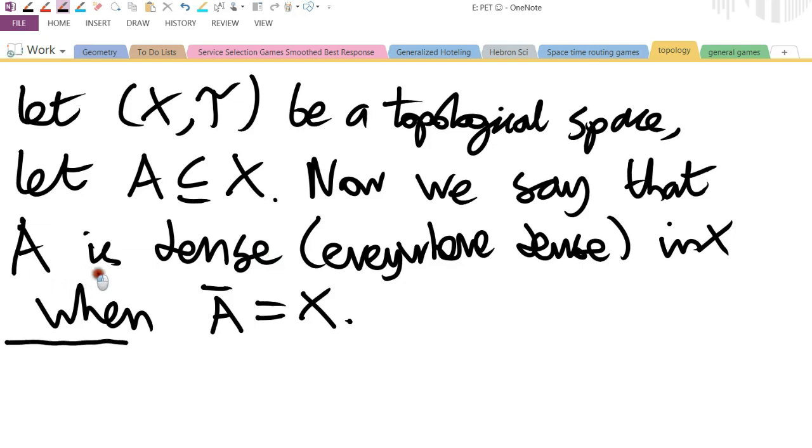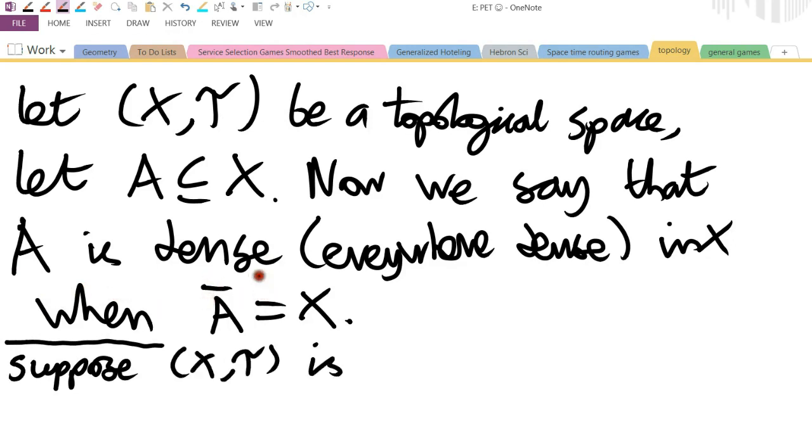So let's look at a fairly trivial example, just to illustrate the point. So suppose X tau is the discrete space. Well, in the discrete space, every subset of X is open. So every subset of X is closed.